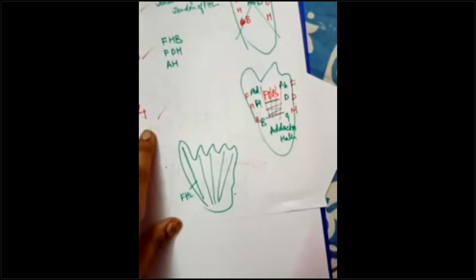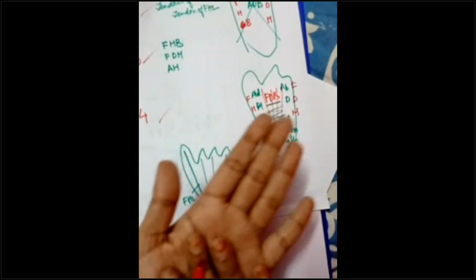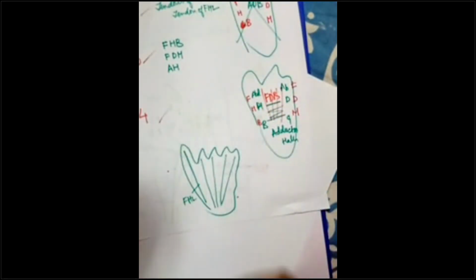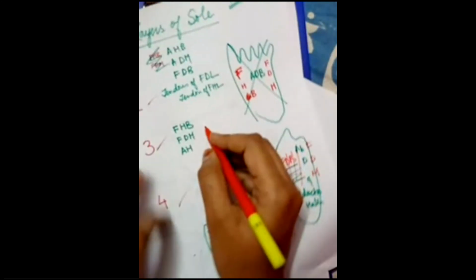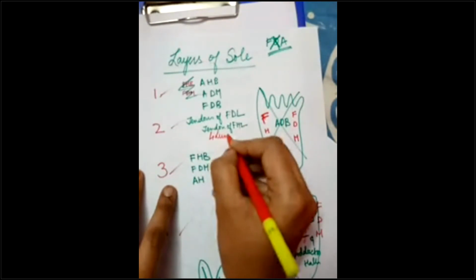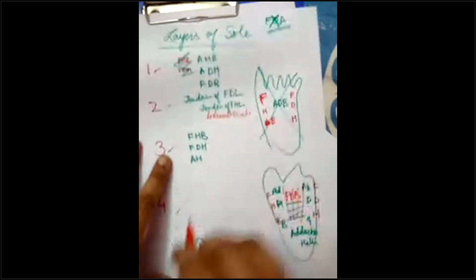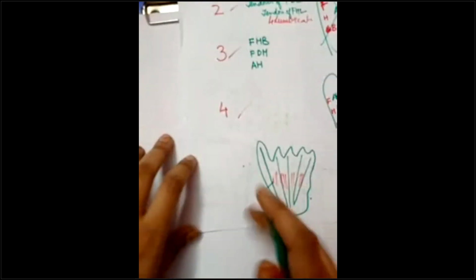In between the tendons, what we had in the hand, lumbricals. Here also you will have four lumbricals. Done, second layer.